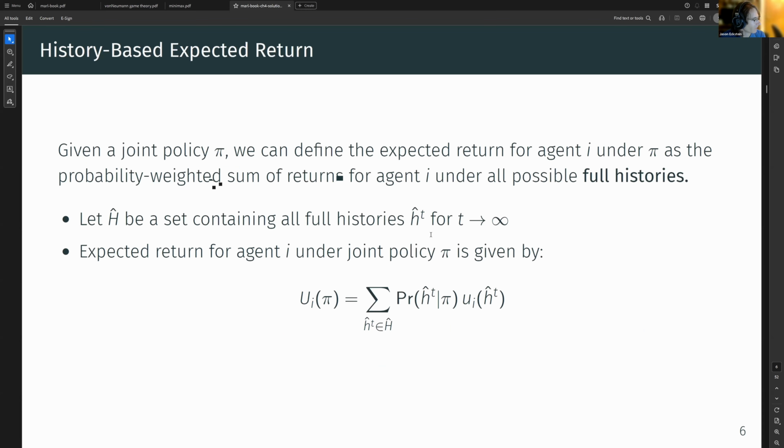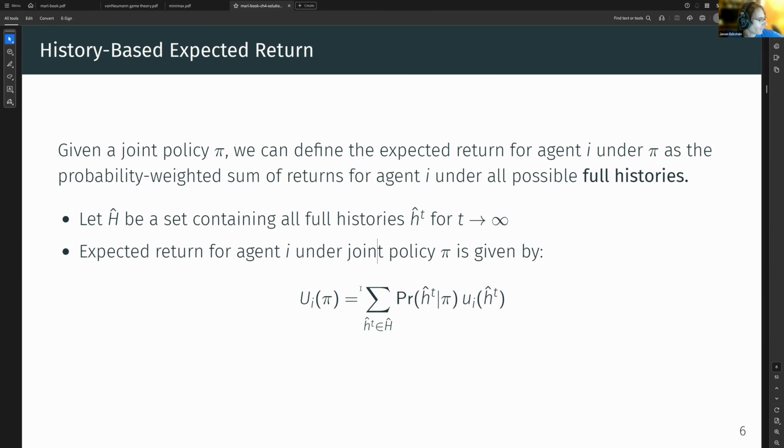Okay, so we have these functions. Now, when we talk about the performance of an agent or what we're trying to optimize, just like in typical reinforcement learning, we have the expected return, which is the discounted sum of rewards for that agent.